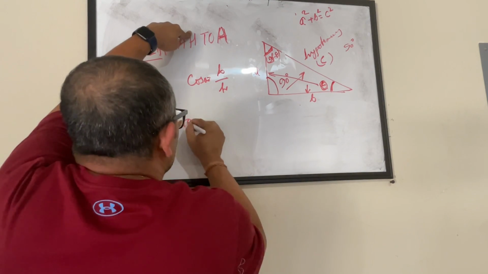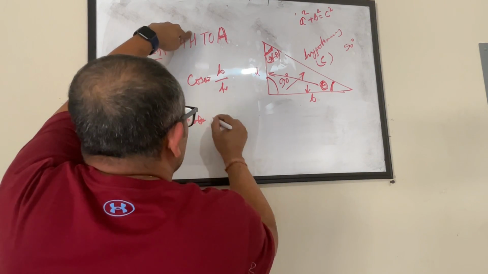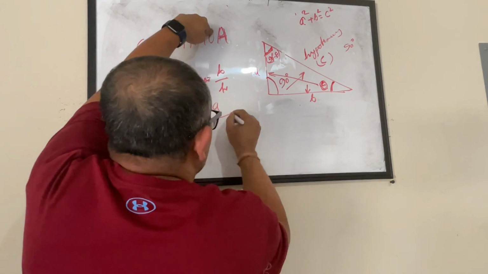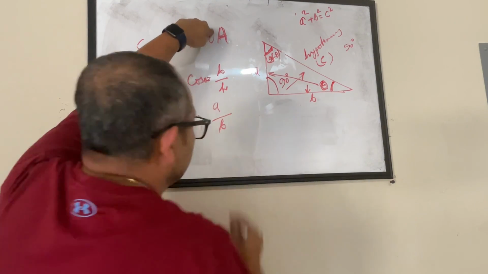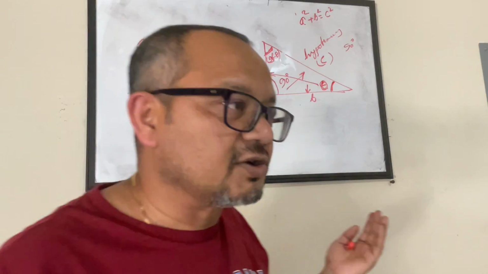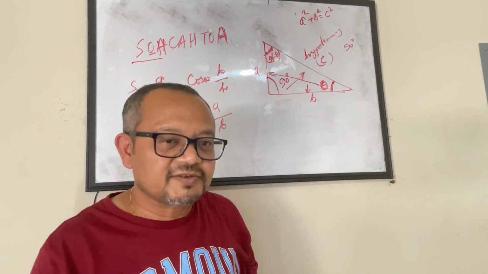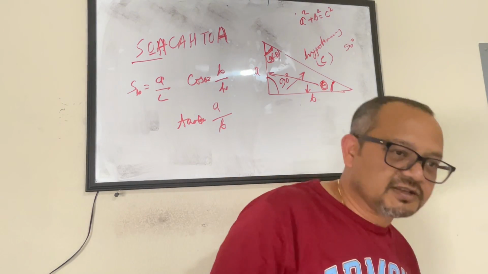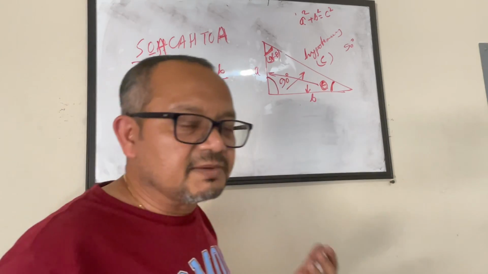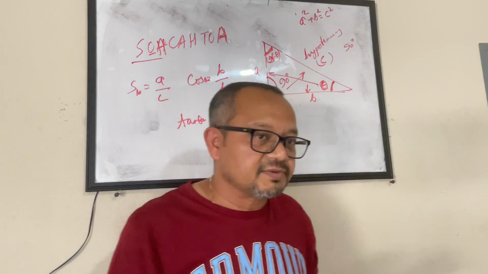Tan theta is equal to opposite side divided by adjacent side, A by B. Same thing in a different way. I'm sure 99% of you would know this formula, so I will let you choose how to remember it. But any which way, the concept remains the same, it's just a way to memorize it.